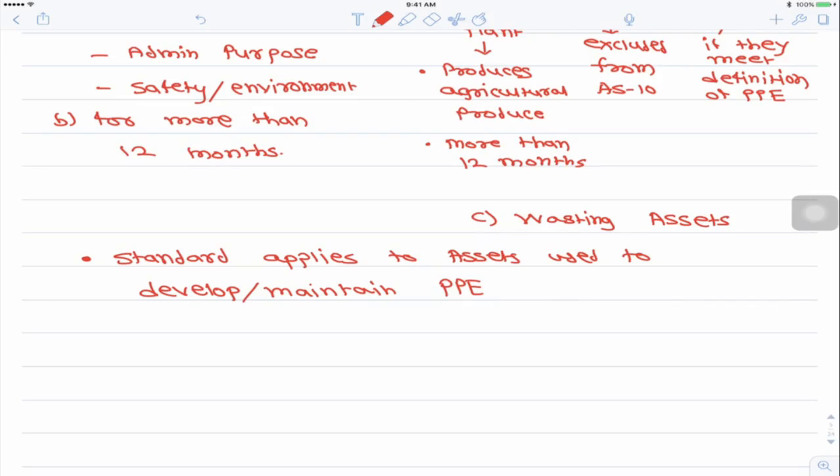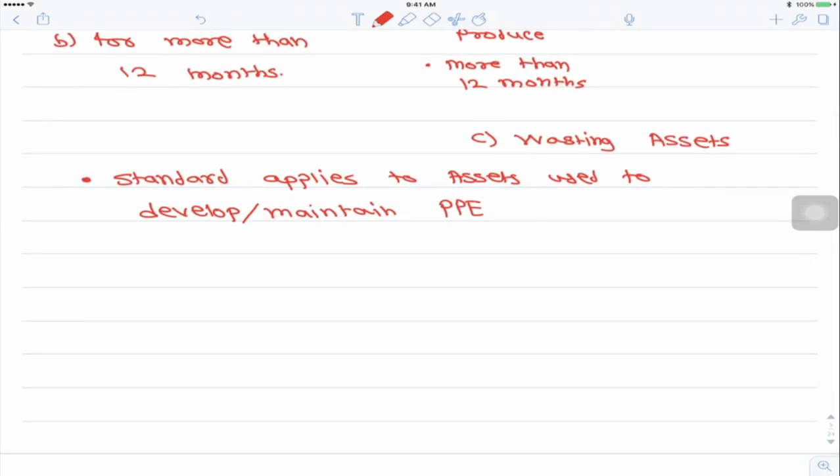I hope you understood that. So standard applies to the assets that are used to develop or maintain the property, plant, equipment.